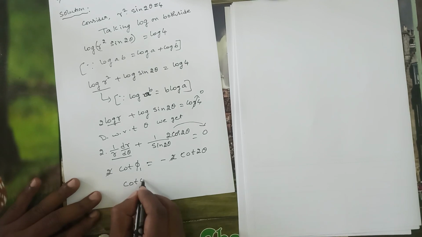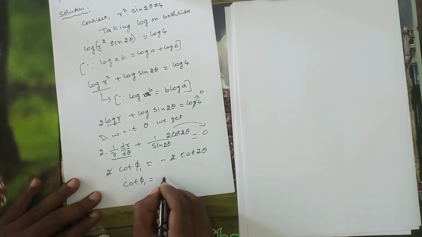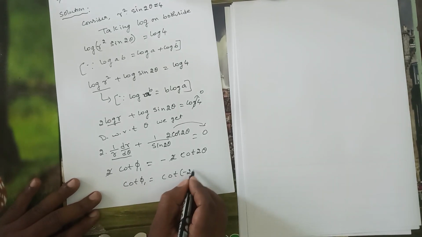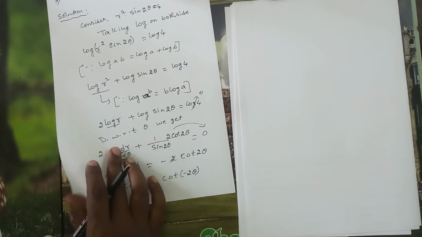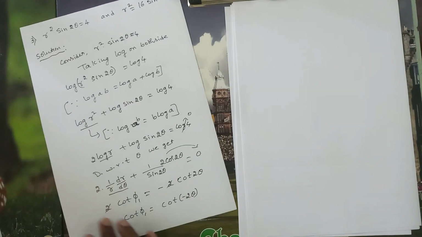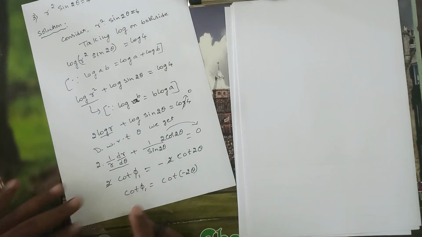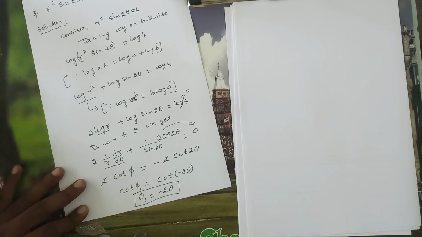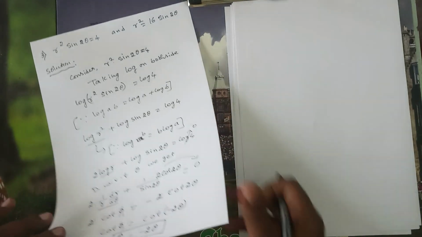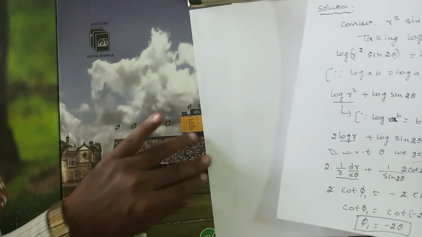So cot phi 1 equals cot of minus 2 theta. So cot gets eliminated, and we get phi 1 equals minus 2 theta. Now find out phi 2.